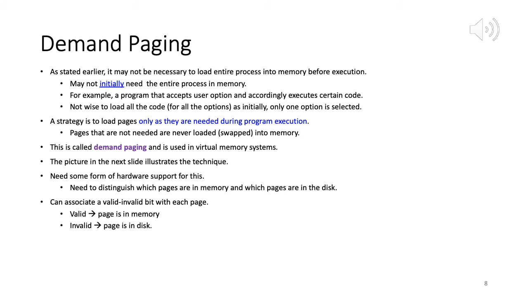So now what we are saying is only bring a page into memory when it is accessed, otherwise don't. Which means at any point of time, if a process is running, then some pages will be in memory, some will not be in memory. The ones which are in memory will have their valid bit set, and the pages which are not in memory, their valid bit can be 0.